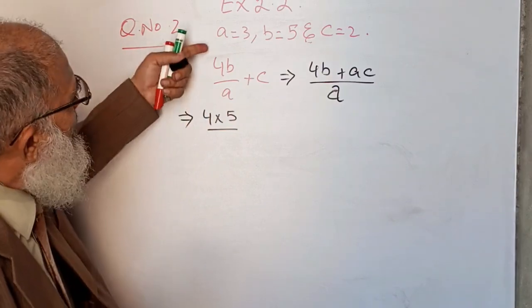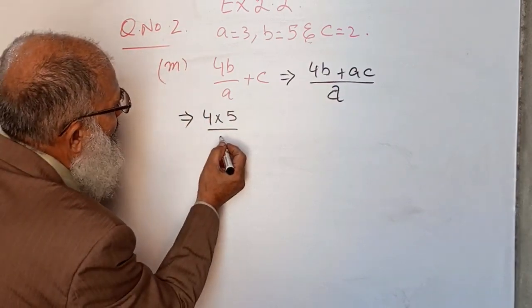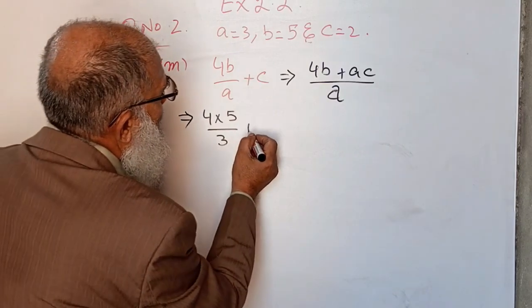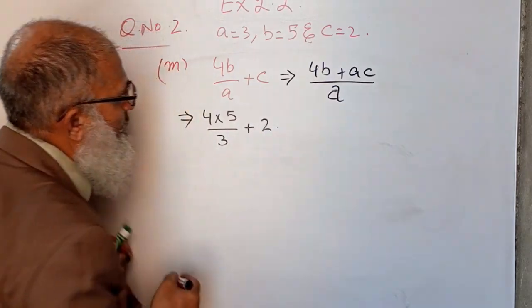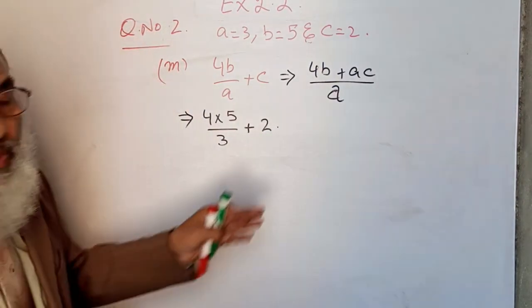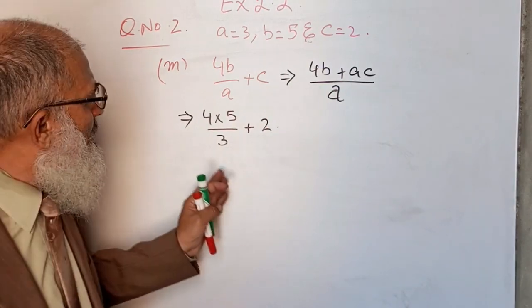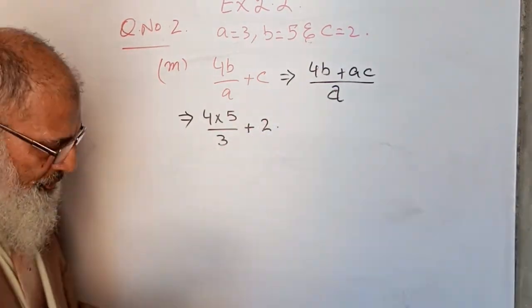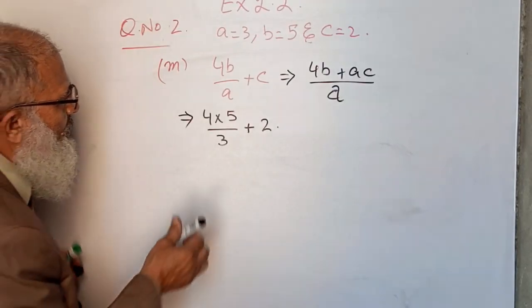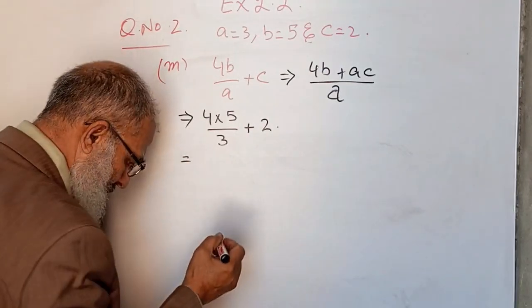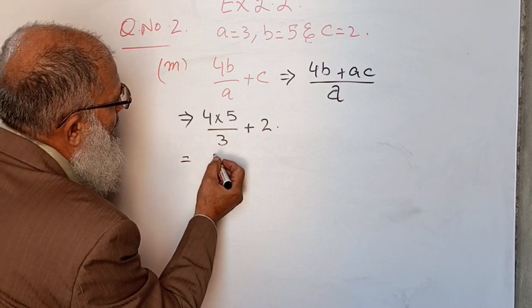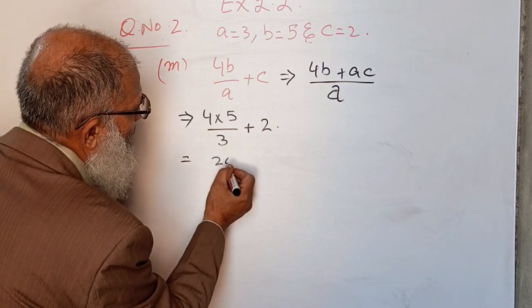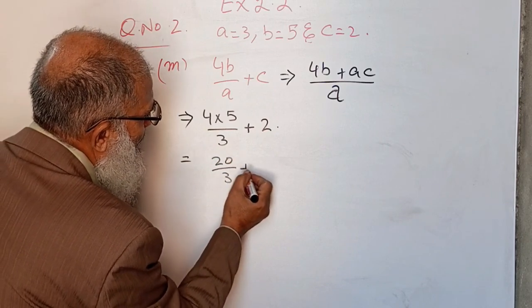A is how much? 3, plus c is 2. Now you see that we'll bring this in this form. How? You see that this is 20 divided by 3 plus 2.